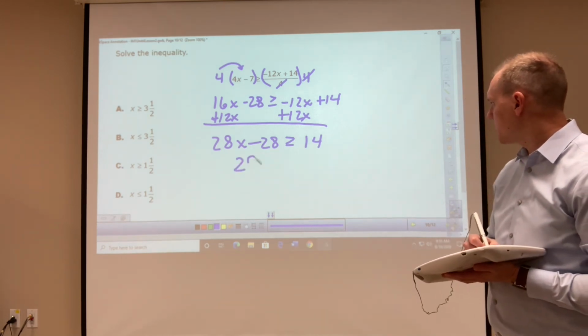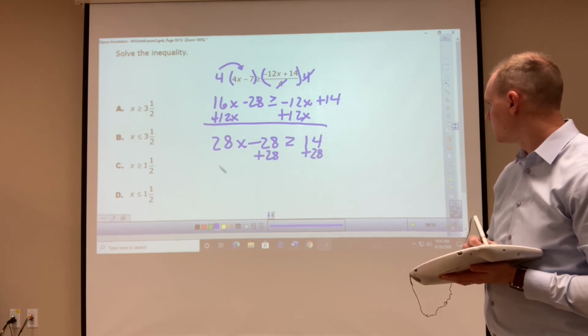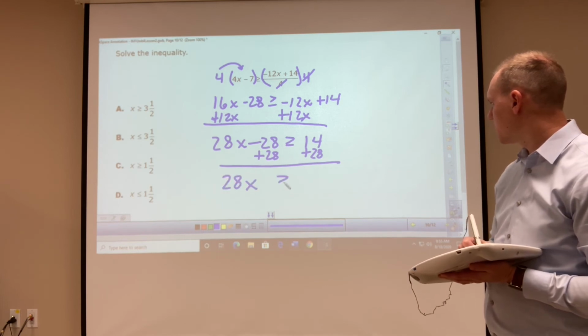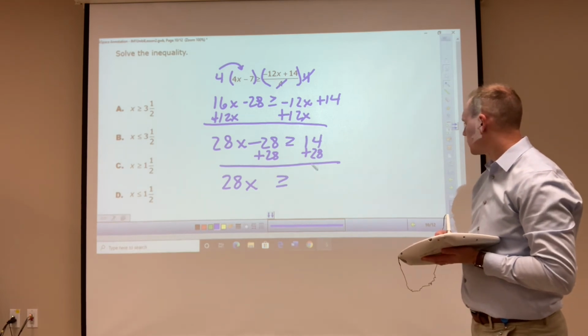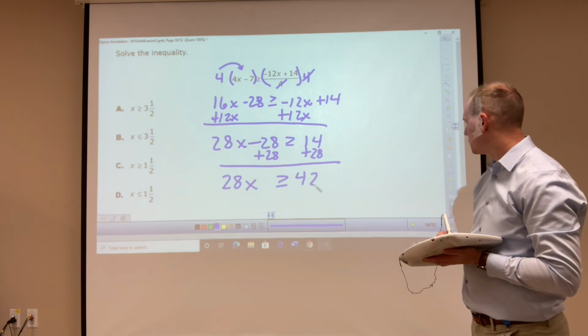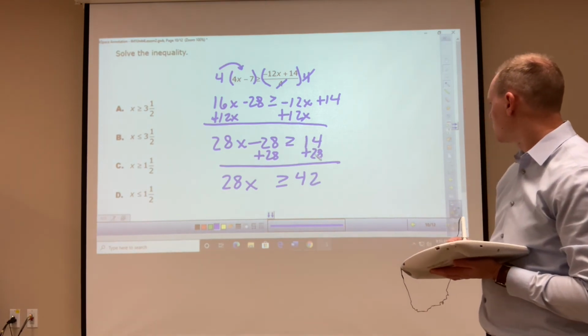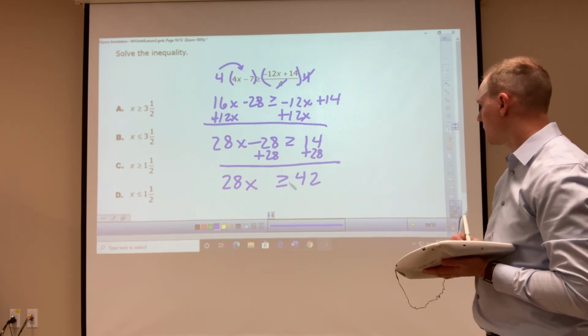So 28x, we're going to add 28 to both sides. So it's going to be 28x is greater than or equal to 14 plus 28, which is going to be 42, I believe. Let's check that. 28 plus 10 would be 38, plus 4 more would be 42.